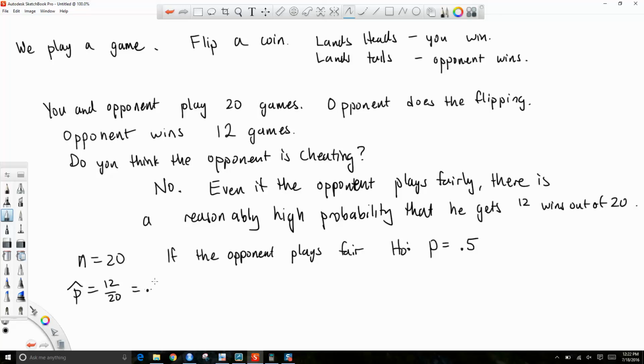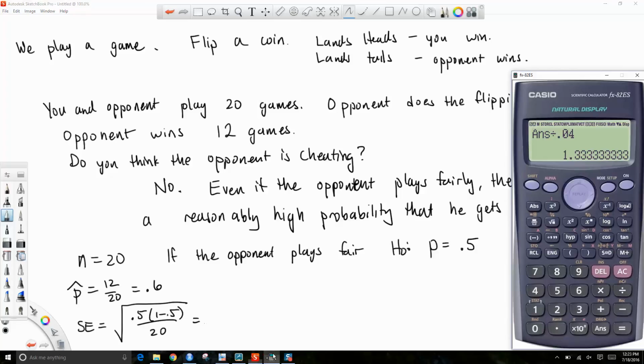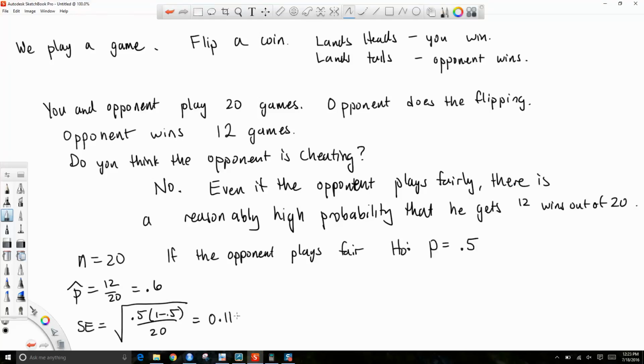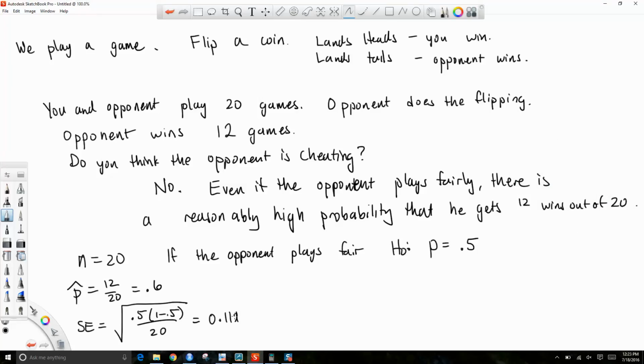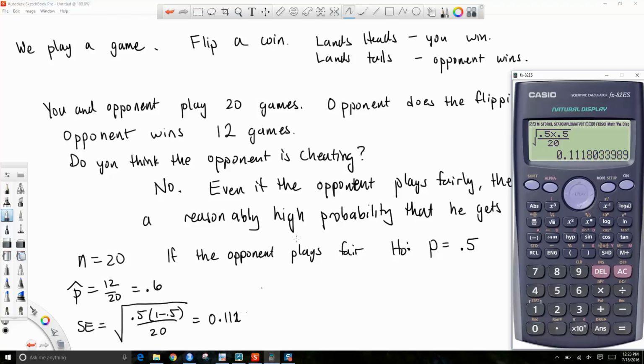We get a p hat of 0.6. Our standard error is the square root of 0.5 times 1 minus 0.5 over 20. We have a standard error of 0.5 times 0.5 divided by 20. What is that? 0.111, or 0.112, it doesn't matter. Okay. Now we'll say 0.1118.